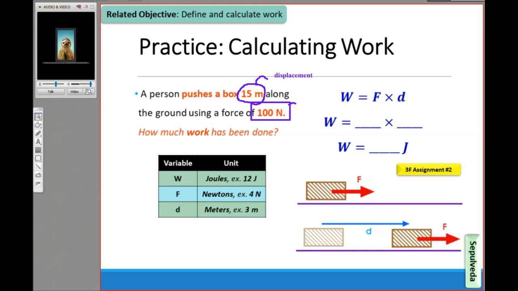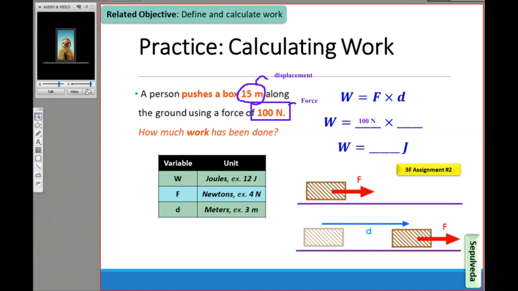First of all, I have our force, and what is my number for my force? Good, 100. And let's go ahead and get those naked numbers with our units, because we do not want any naked numbers. It's just good practice, because it could be 100 meters, it could be 100 newtons, it could be 100 joules. We need to make sure we're specific. Beautiful. So it's 100 newtons.